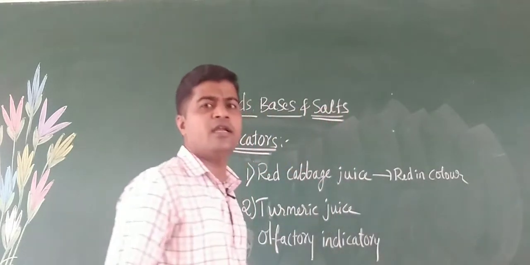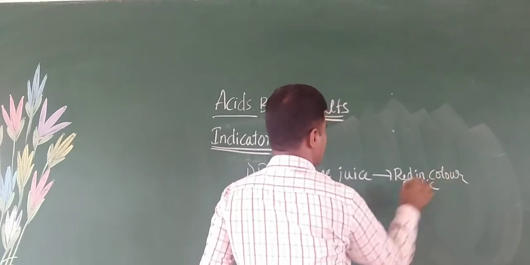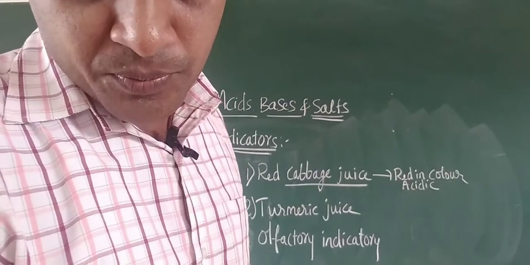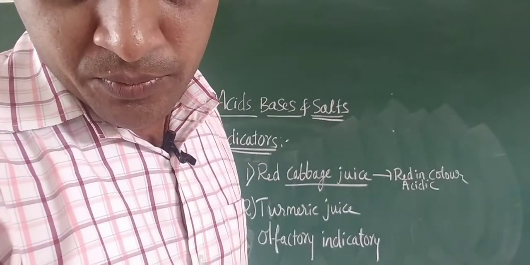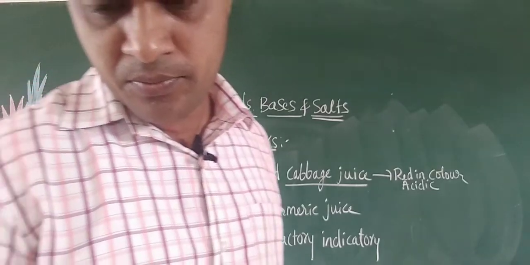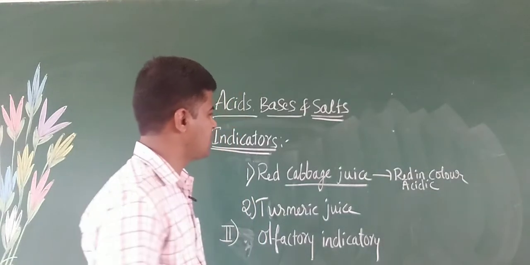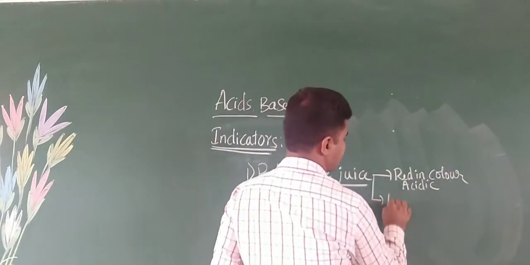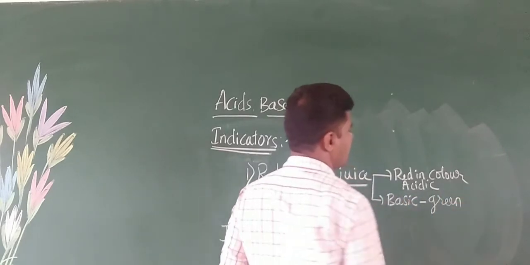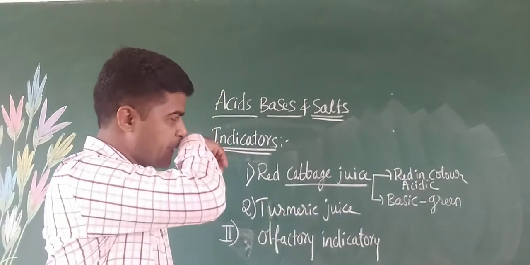In red cabbage juice, in acidic medium, it is red in color, and in basic medium it is green in color.